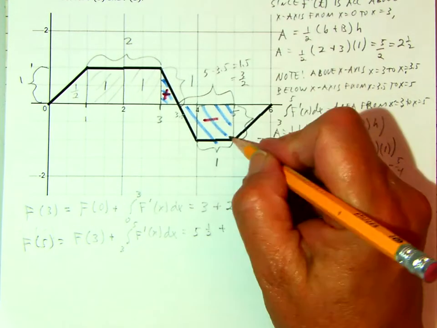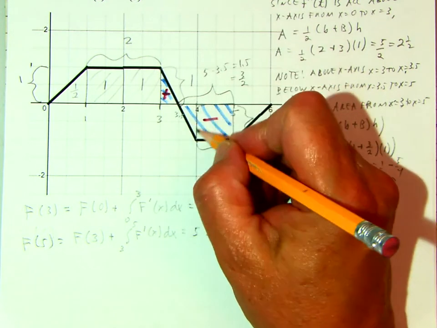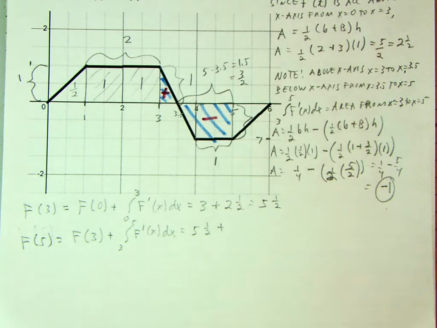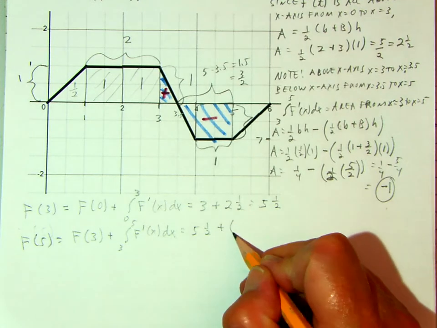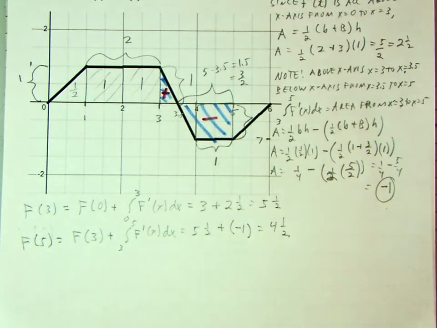Because we looked and we saw this is a -1 square, and this is a -1/4 triangle, and this is a +1/4 triangle. And we're done.